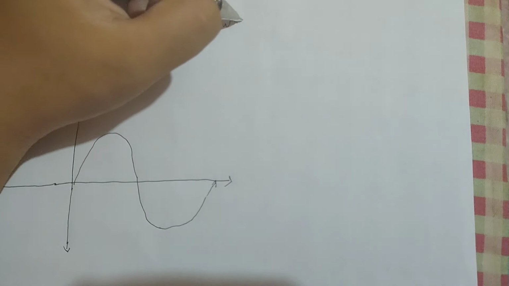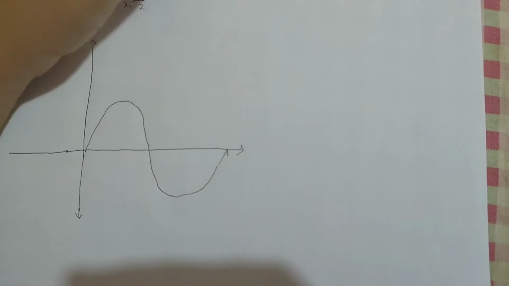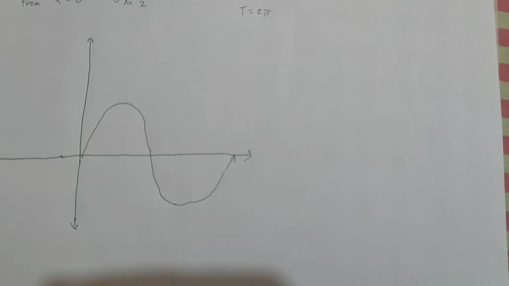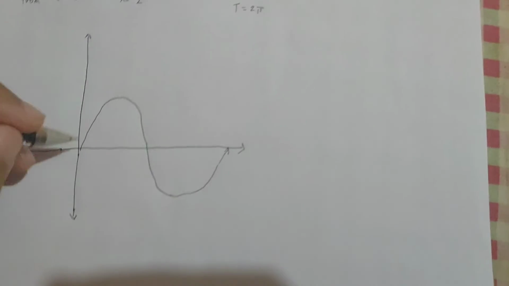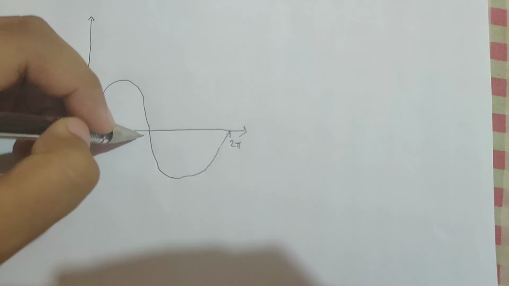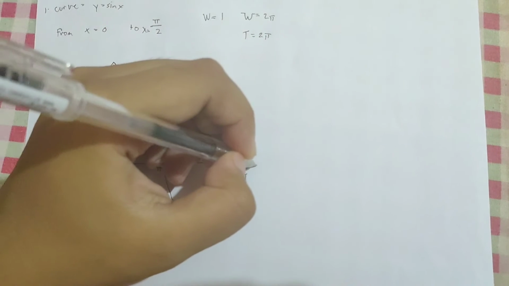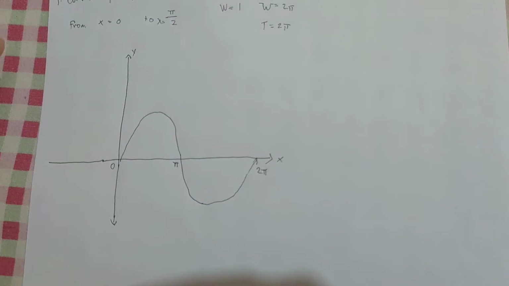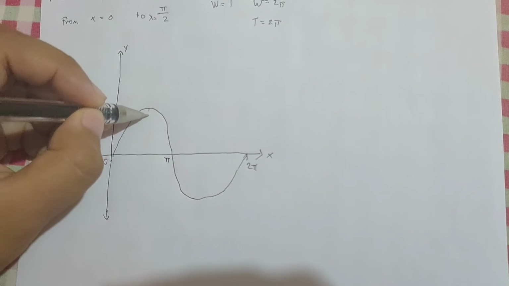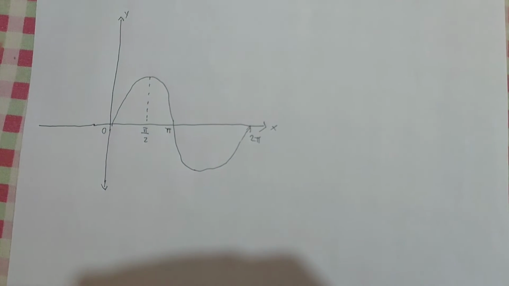Omega is equal to 2 pi. T is 2 pi. So this will be our 0, 2 pi. Then this will be our pi, which is x and y. And here, somewhere here, will be our pi over 2.